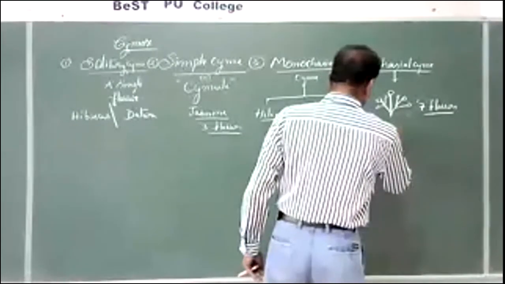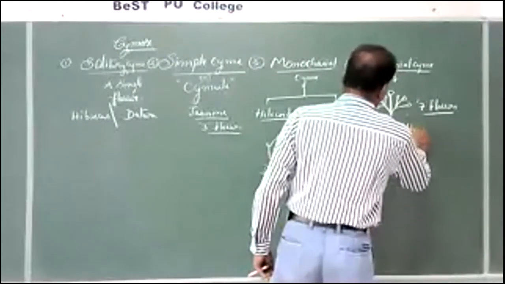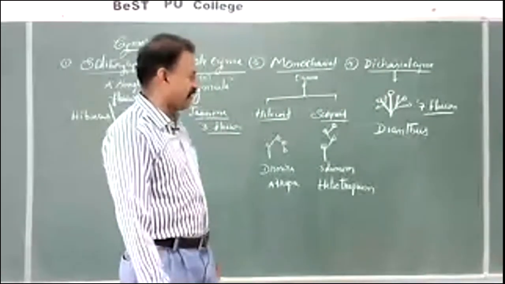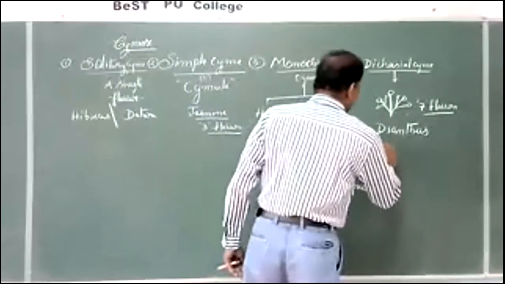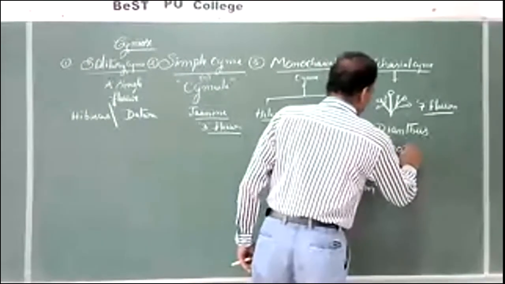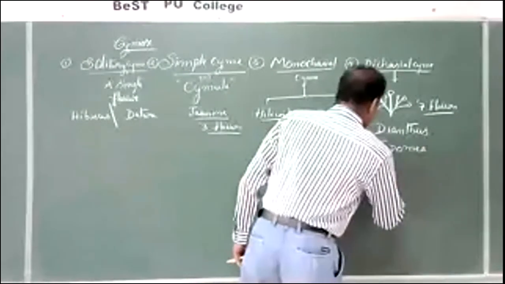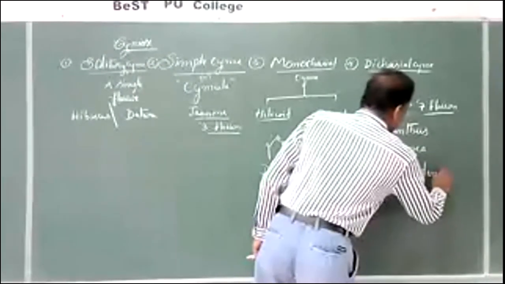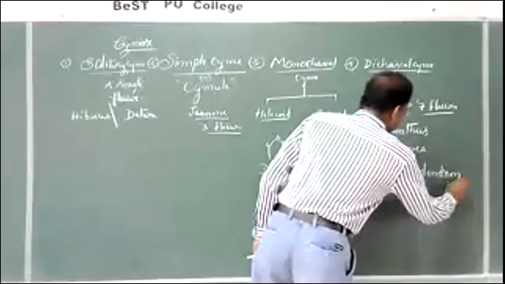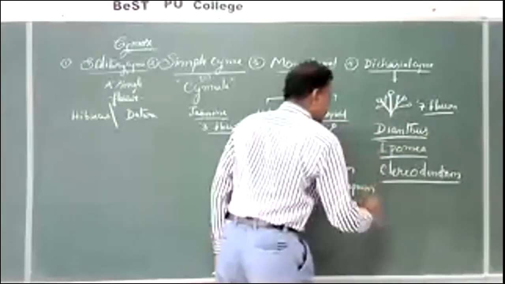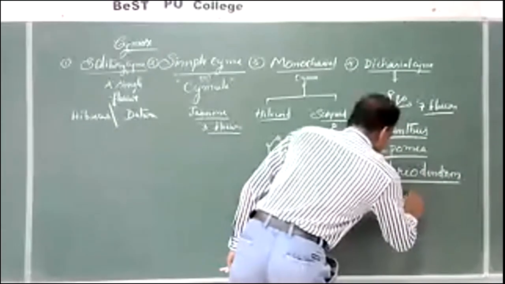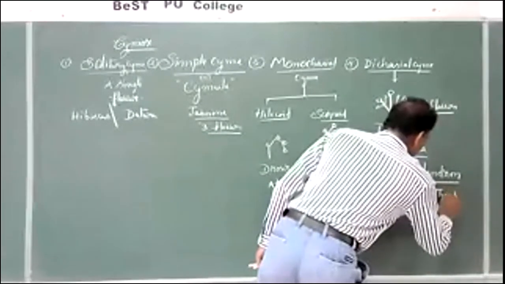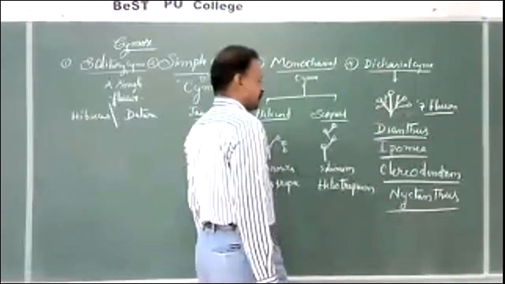Here best examples, Dianthus, Ipomea, Clerodendron, Nyctanthus, teak.